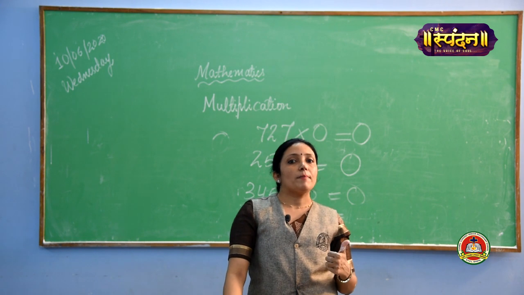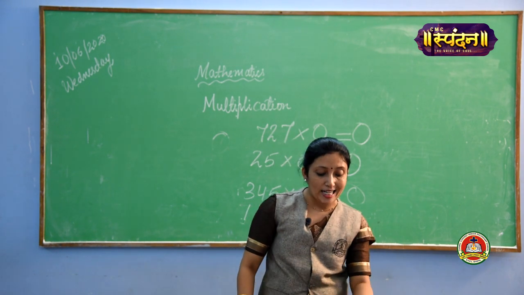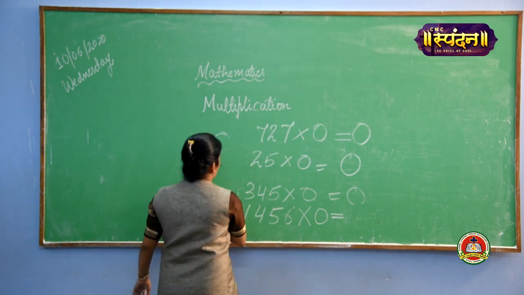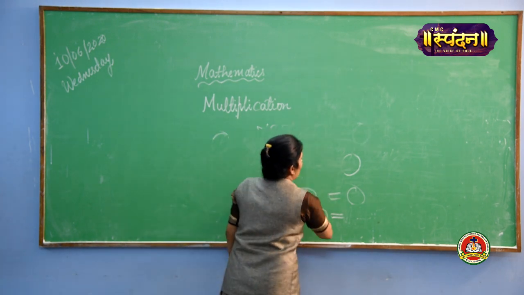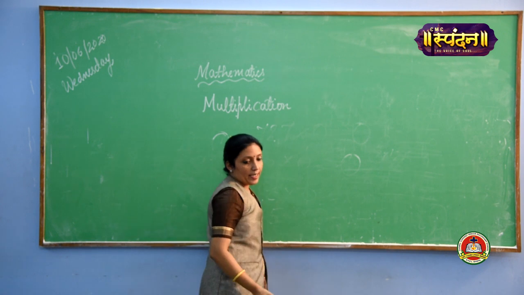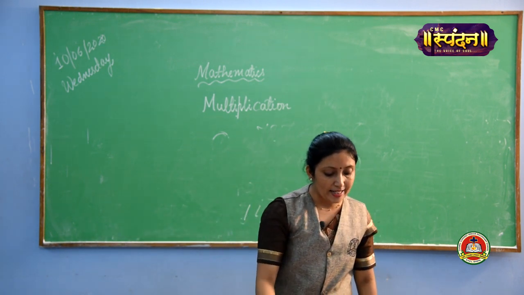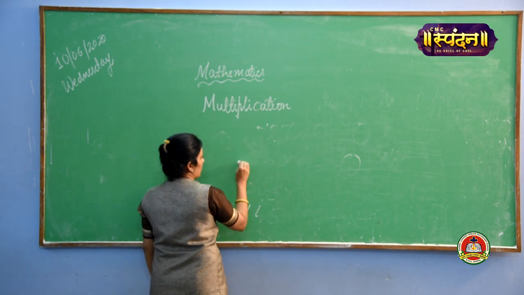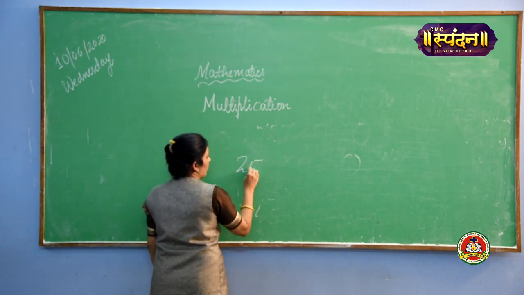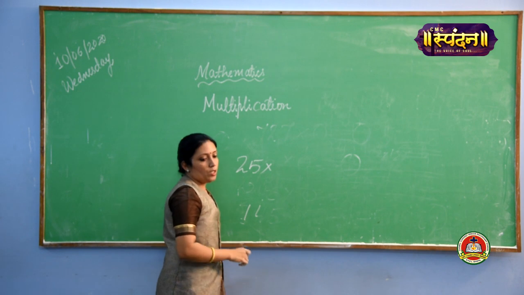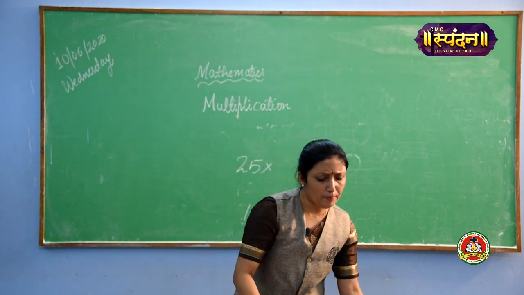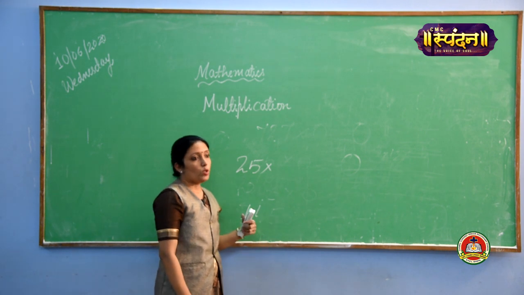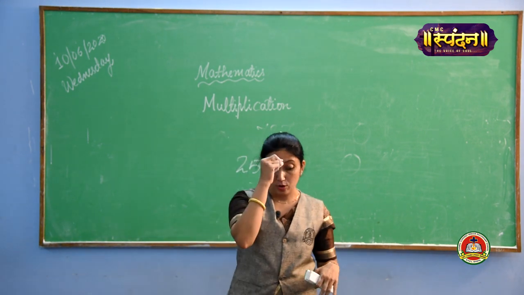Now we are coming up with different properties in your class. See the next property. When we multiply any number, like 25, by an even number, what do you mean by even number, and what is an odd number, that also you should know.